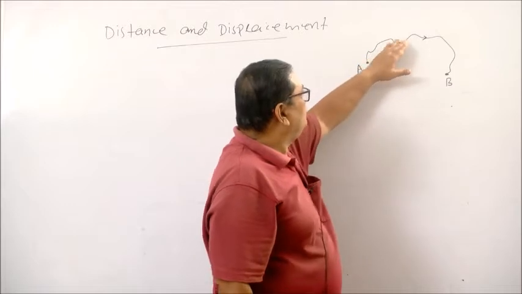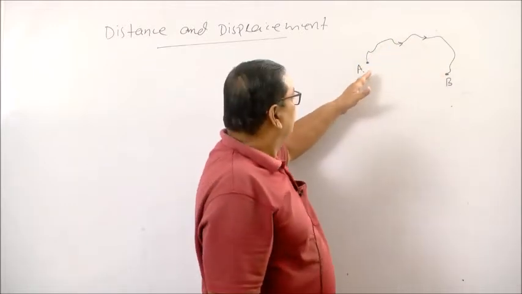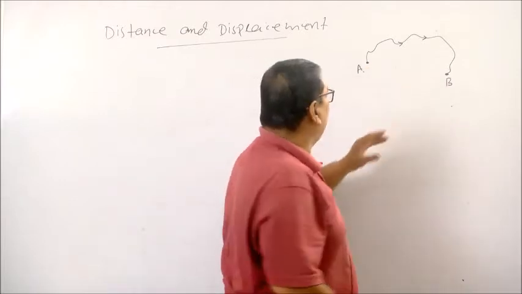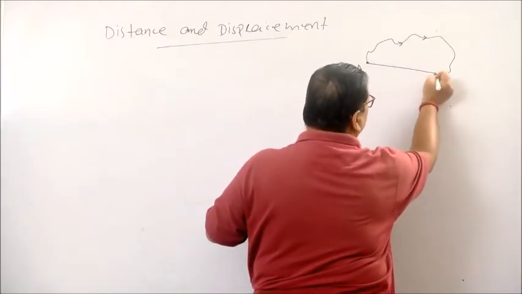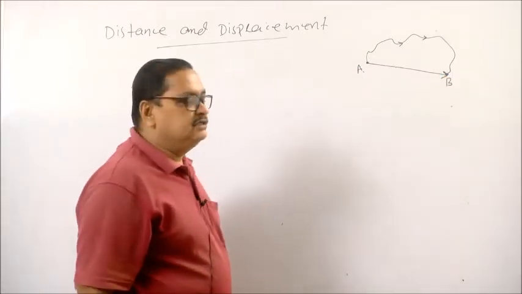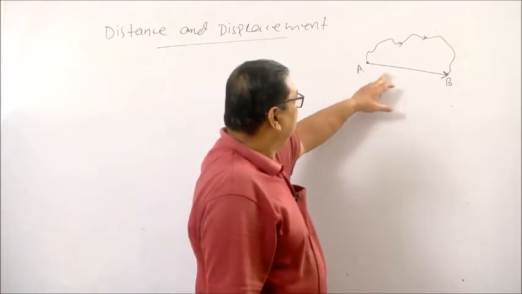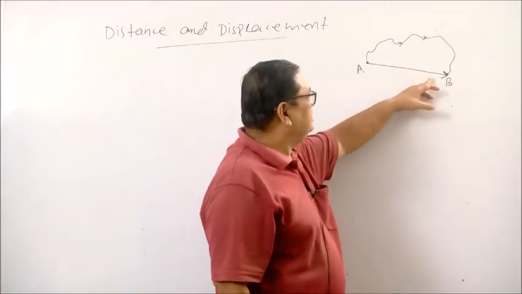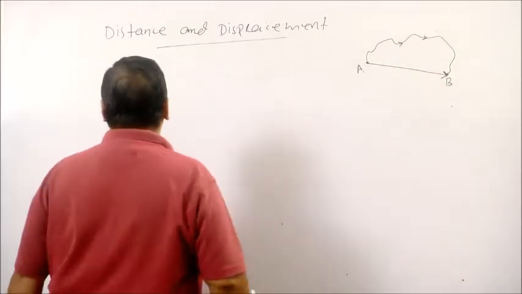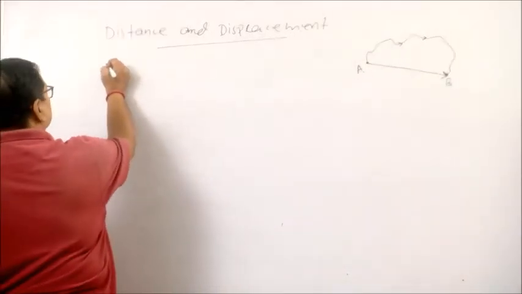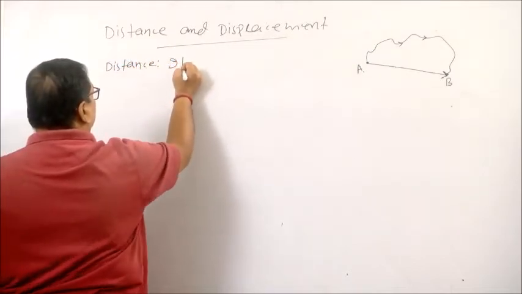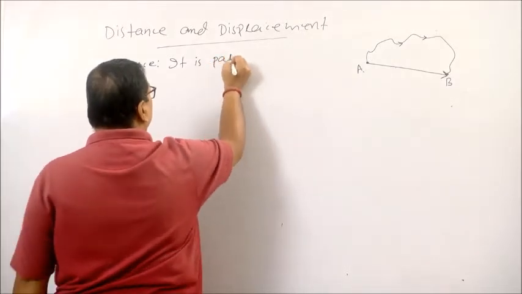The path covered by the body is known as distance, and the straight line joining from point A to point B, or this is the shortest distance between any 2 points, is known as displacement. So, A is initial point, B is final point. So, this straight line is known as displacement, and the path covered by the body is known as distance. So, first we will discuss about distance. It is path covered by the body.